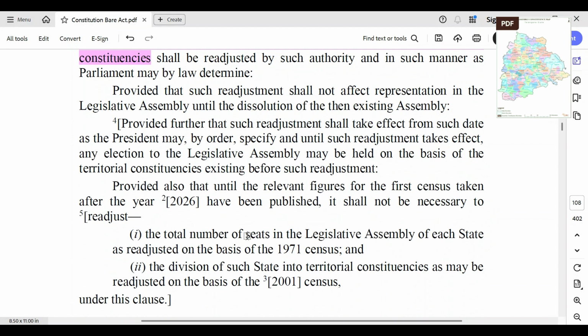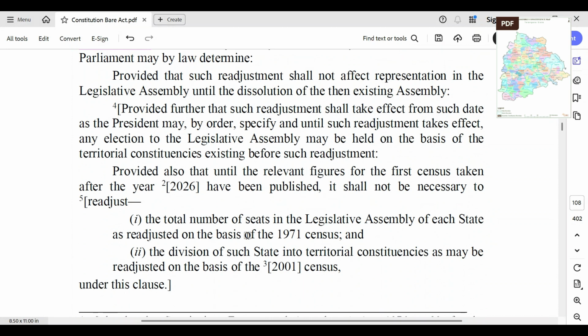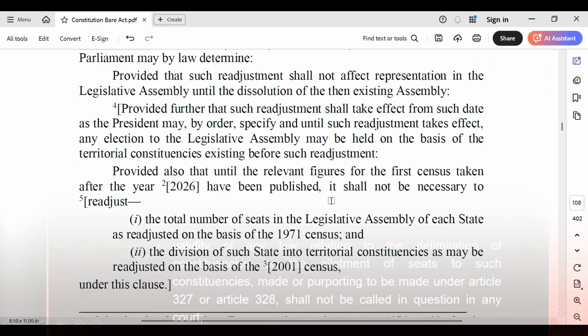Further, there is a provision in this article, same as 82. There is no need of readjustment until the first census taken after the year 2026 has been published. Total number of seats in the assembly of each state is based on the 1971 census, and division of each state into constituencies is based on the population of the 2001 census.